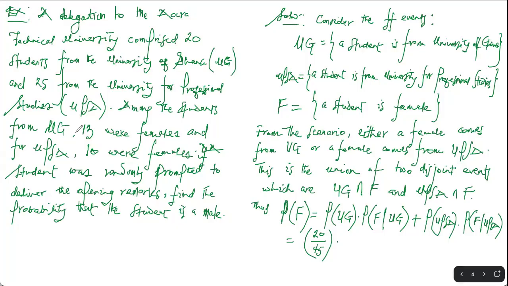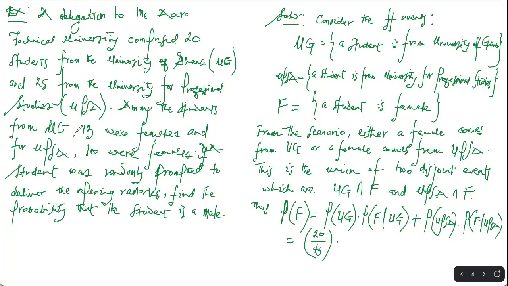Because if I say there were 13 females versus if I say there were 13 females from UG, this last statement I made is a conditional statement. If I just say there are 13 females, it could be that the 13 females come from any of the schools. But if I say there are 13 females from UG, it means it is a conditional number. And if I have a conditional count, I can use that to find the conditional probability.